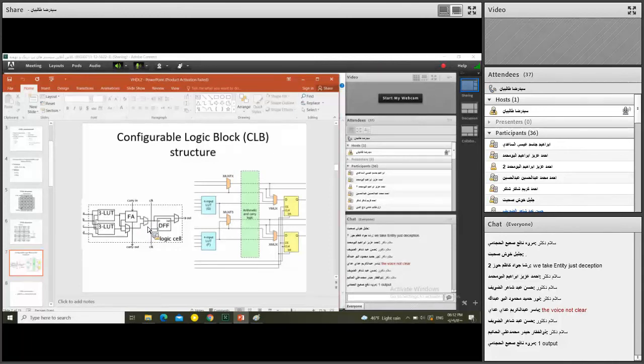We can select the output of the full adder or the output of the other multiplexer. It means that we select logic operations or arithmetic operations. After this, we have a D flip-flop here. We know that in logic design, we have 2 different kinds of logic: combinational circuits and sequential circuits. In combinational circuits, we don't have any memory, and each output depends on the inputs at that time.